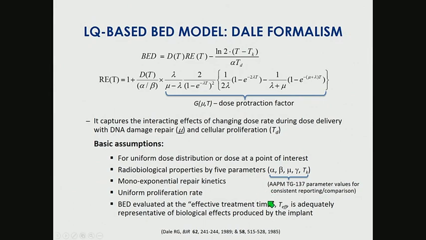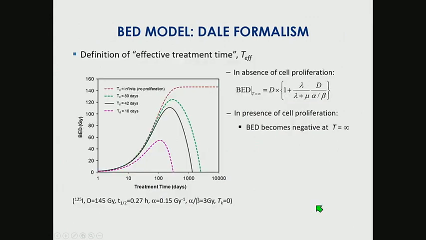And the assumption is that the BED calculated at this time point is adequately representative of the biological effects of the implant. Now, the reason that we need this effective treatment time is illustrated in this slide.